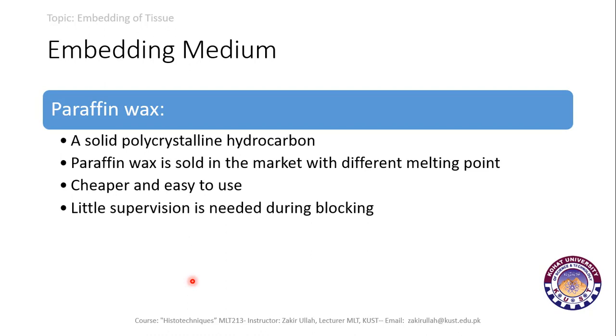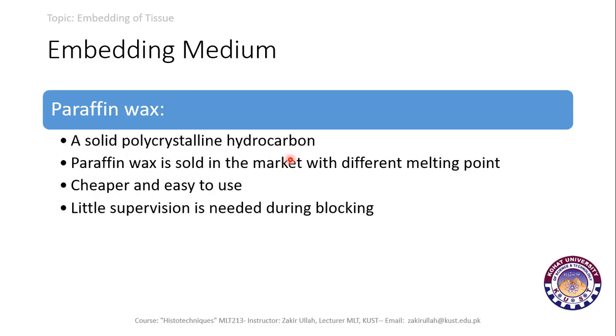Paraffin wax is the most commonly used, and it is a solid polycrystalline hydrocarbon, and this paraffin wax is sold in the market with different melting points. Their melting point varies from 39 degrees centigrade up to 70 degrees centigrade.